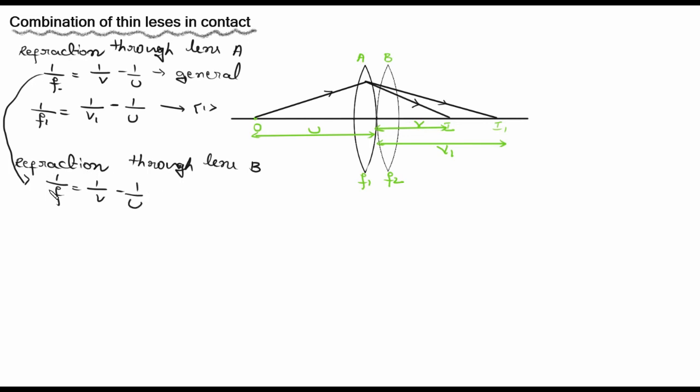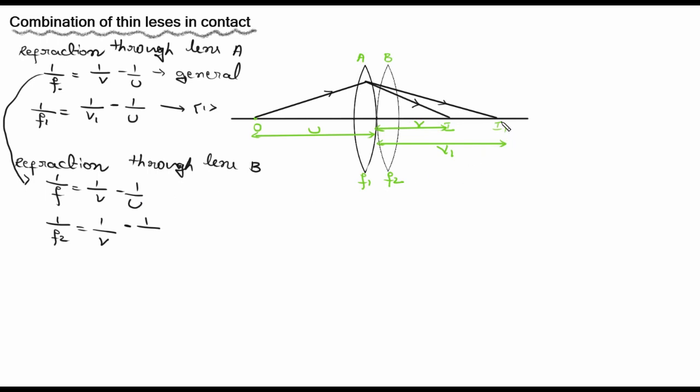Now let's apply it to lens B. Here the focal length is f2, so 1 by f2 is equal to 1 divided by v, since the final image from the second lens is v itself, minus 1 by u.